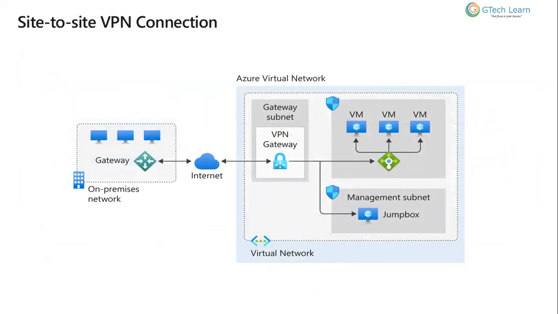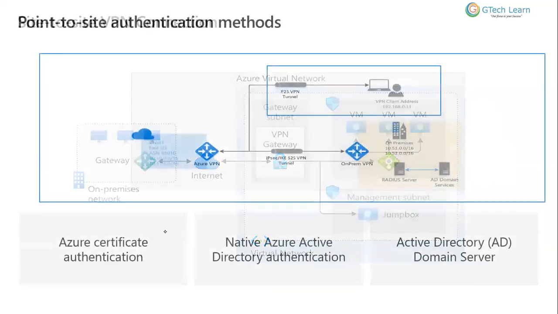If I'm talking about the site-to-site VPN, that is the type of VPN we can utilize when we want to connect our on-premises infrastructure to the Azure infrastructure. For that, we can create one local network gateway. Let me go back in here.